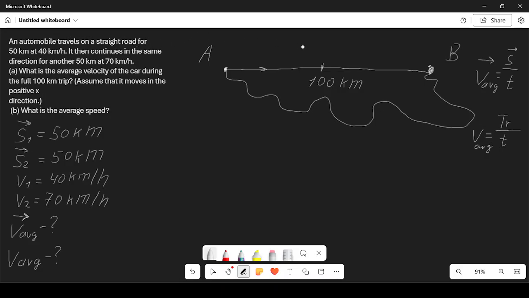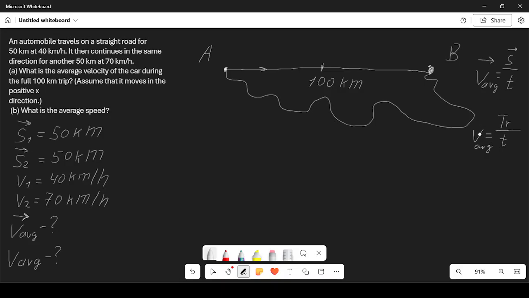So when we find average velocity and average speed, it's the same number, but the difference is only that average velocity is a vector quantity, and this number should have a sign, positive or negative. But here we assume that it moves in the positive x direction, so it will be with the sign positive, plus.